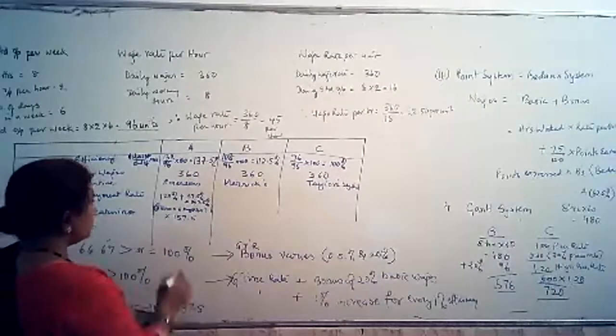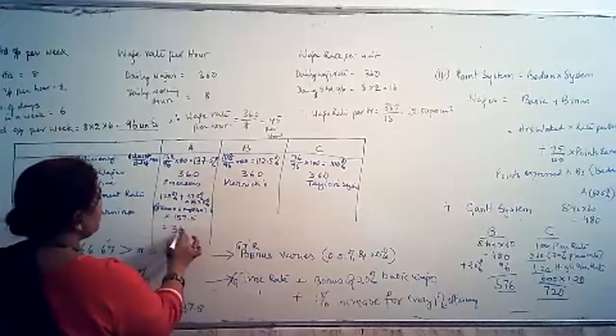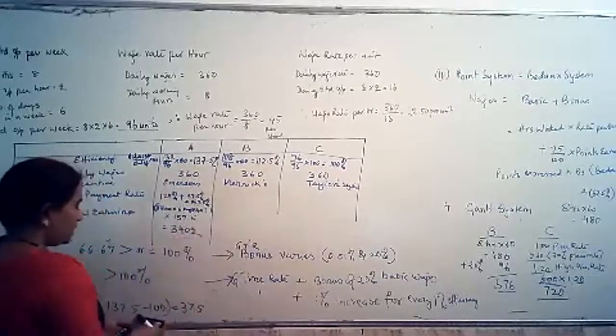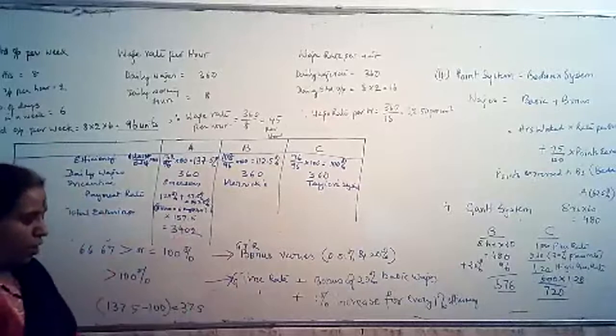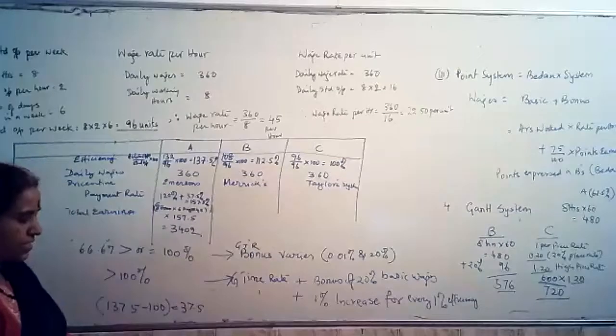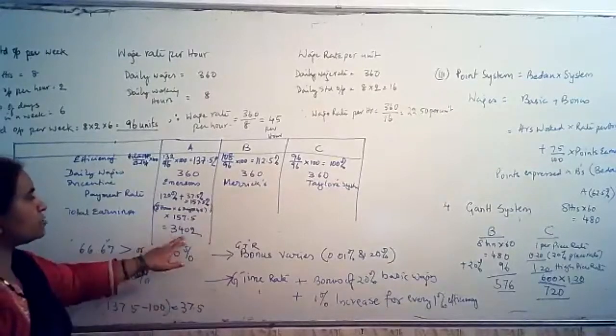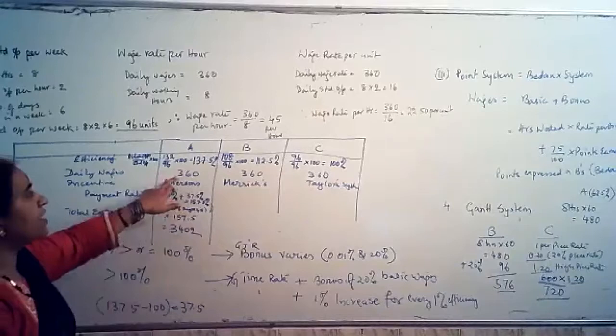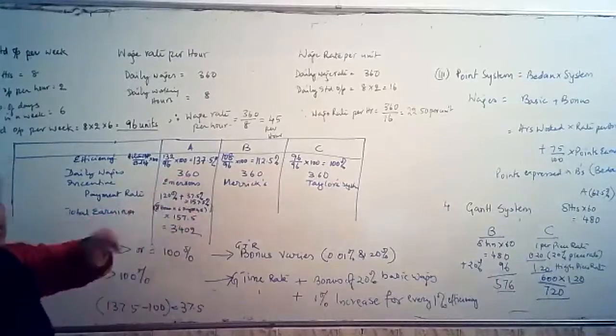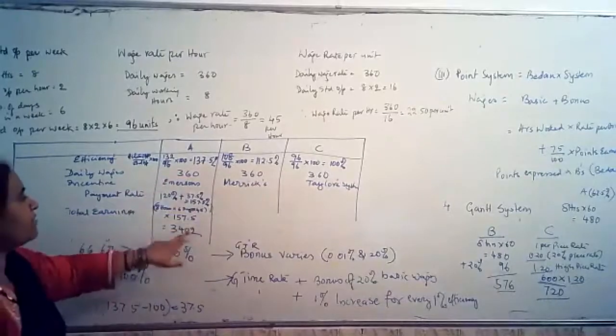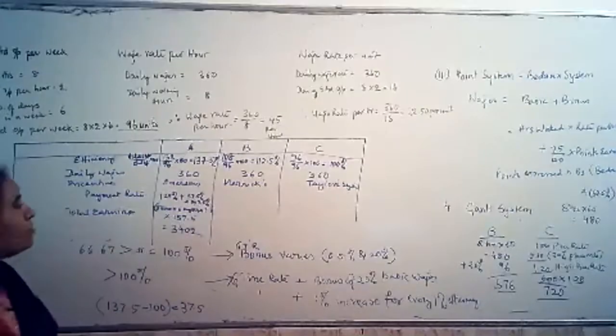This will be equal to 3,402. You can calculate in this way, or you can say 360 into 6 into 157.5%, which will also give you 3,402.